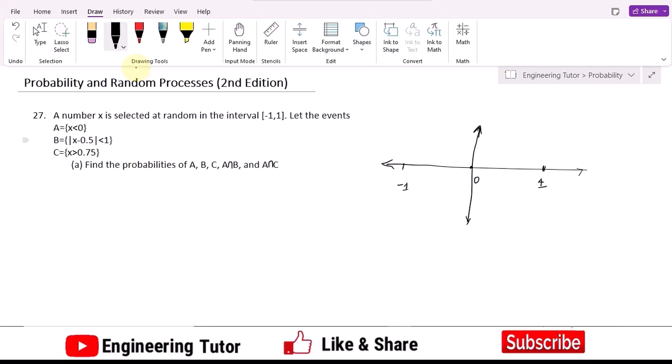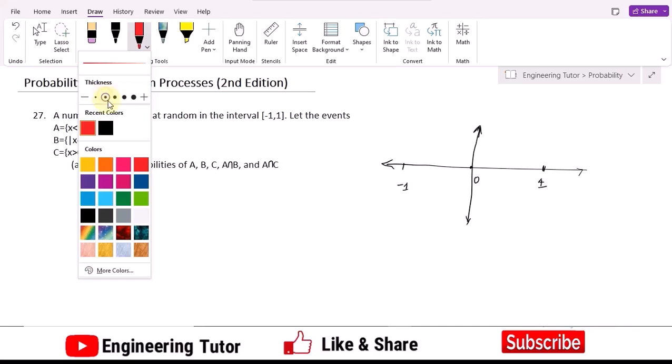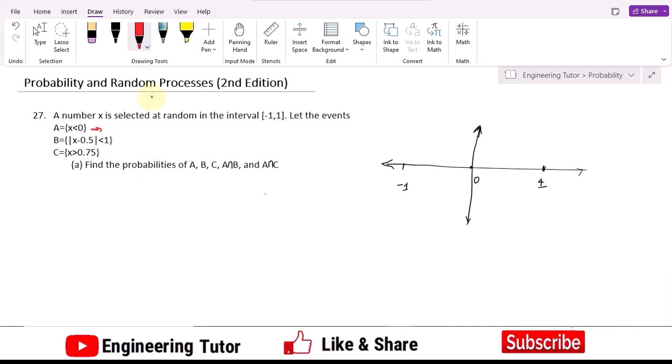The event A, let me denote it with red color. Here the event A is x less than 0, and it lies here. This is my event A, represented by this red color.